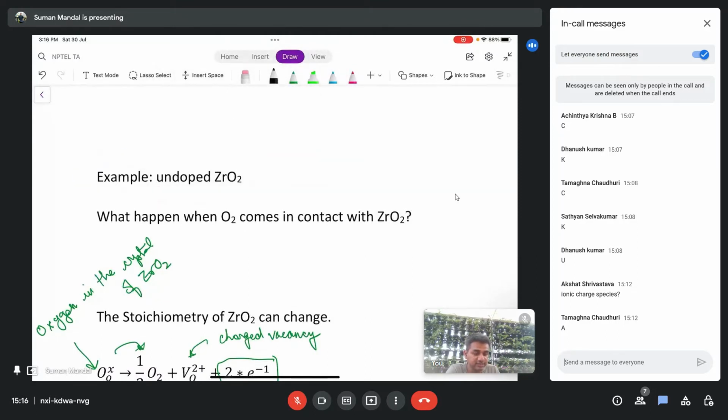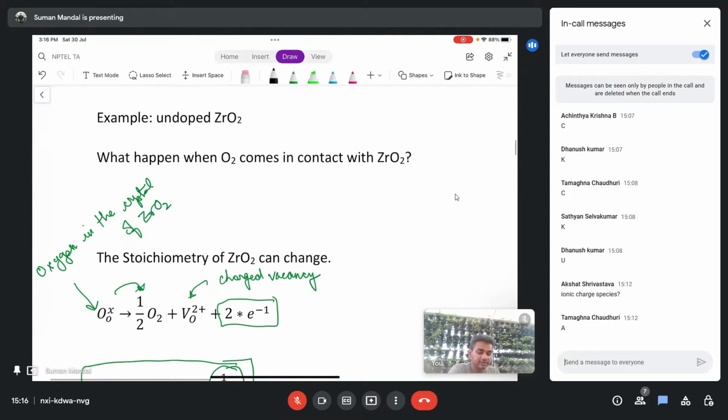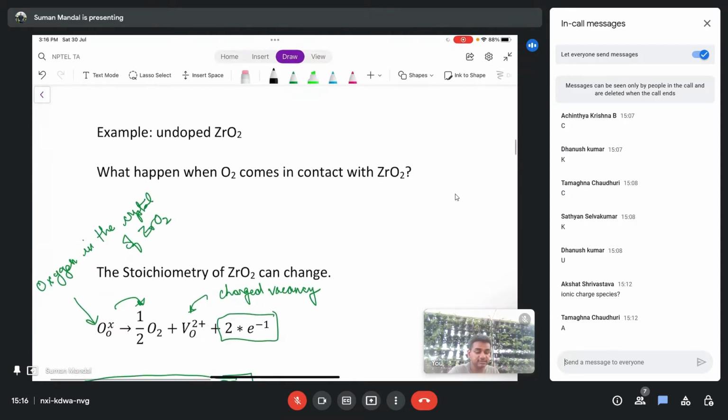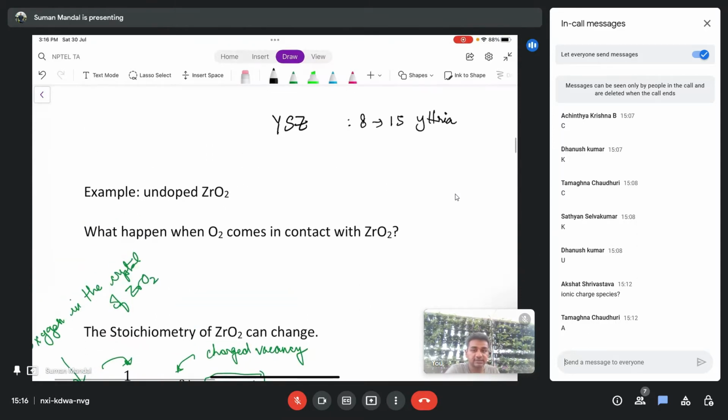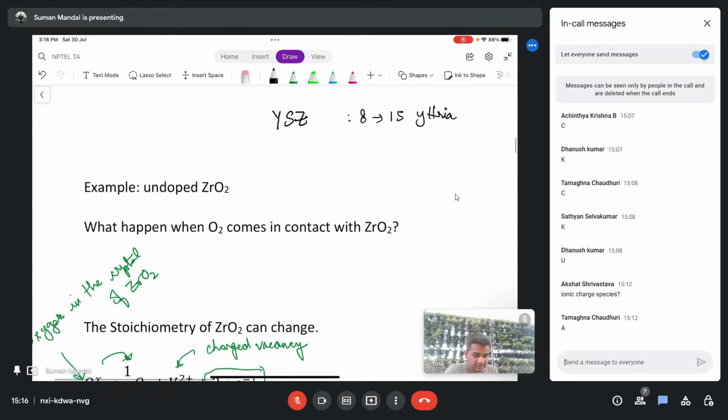People use yttria doped zirconia. It's called YSZ. It has around 8 to I think 15% of yttria. That makes the chemistry a little bit difficult, but it makes the sensor much more sensitive to oxygen.